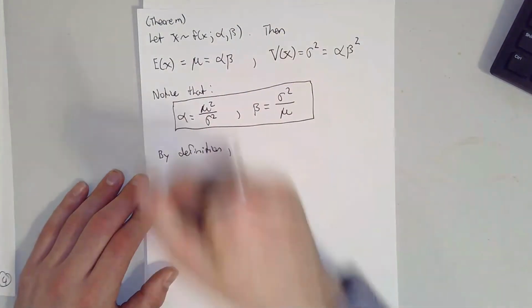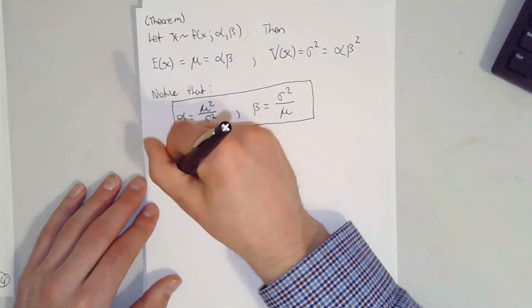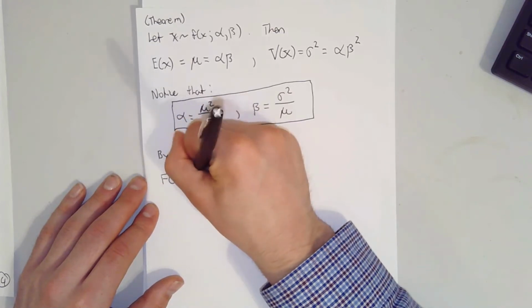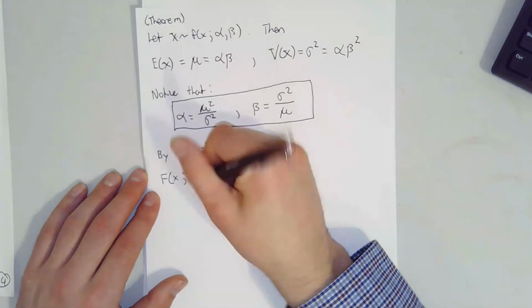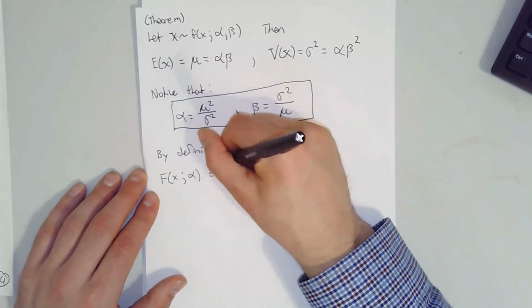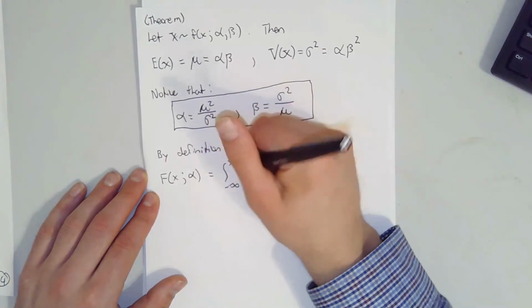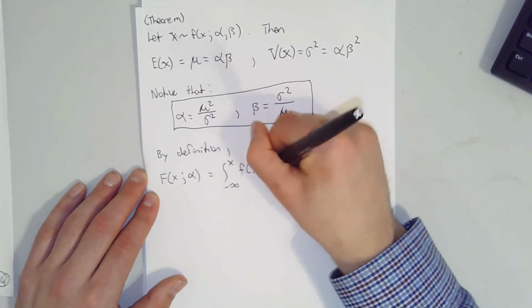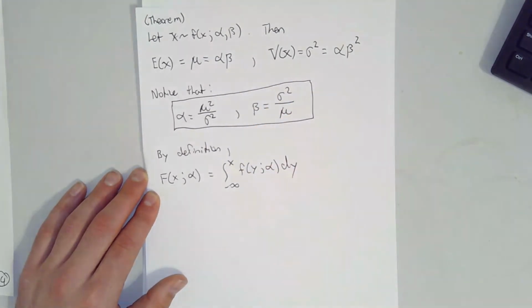Another important construct is the CDF, or the cumulative distribution function, for the standard gamma distribution. In other words, by definition, this is the integral from negative infinity up to the value of x, given like so.